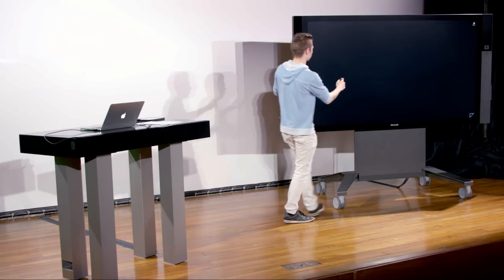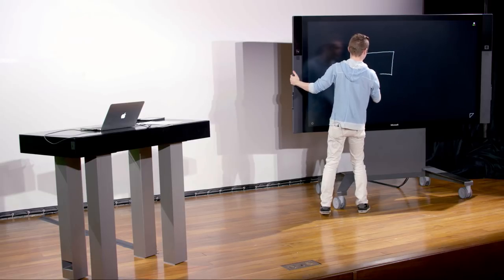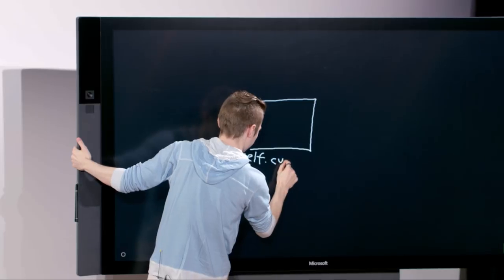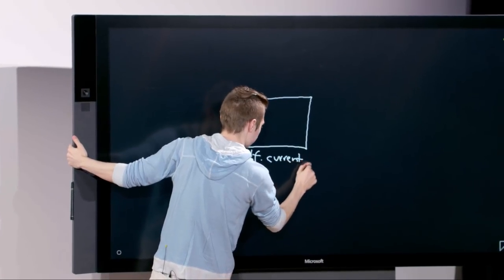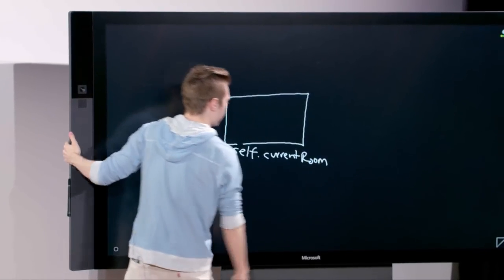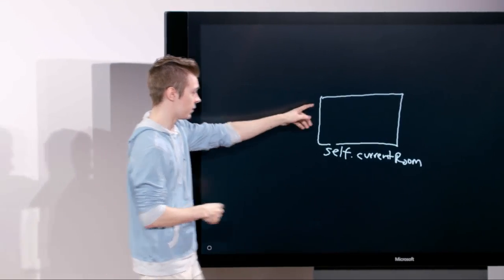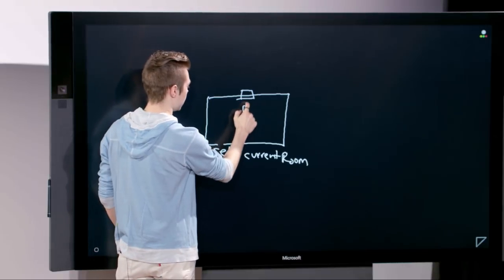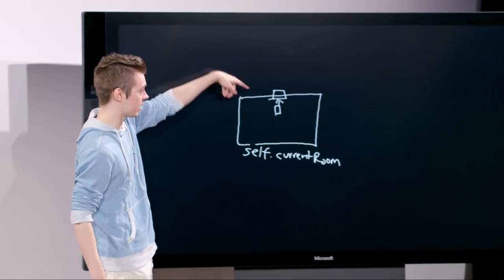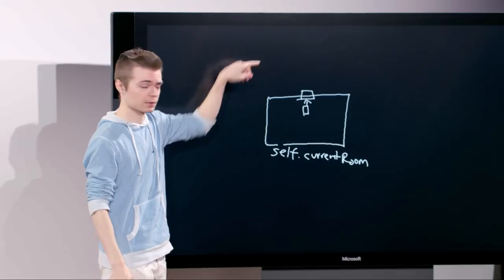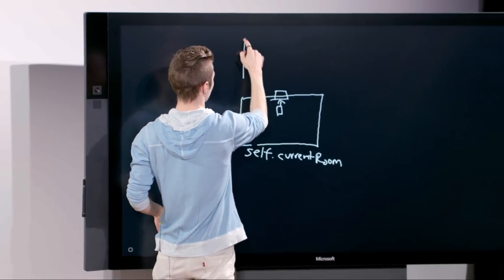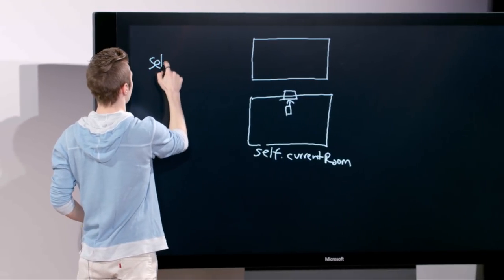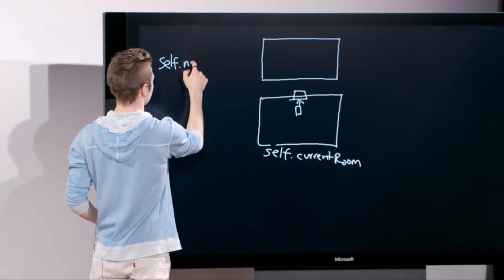So if we have our room here, this is our current room. So self.current room. And if let's say we have a doorway here, right? That's a doorway object. The player is here. He collides with that object. It's going to trigger a transition to a room up above. So what we do is we load in a new room right away. We always have a pointer called self.nextRoom.